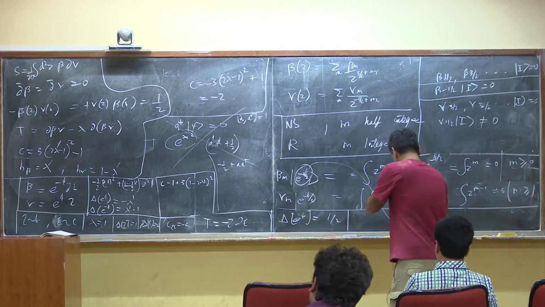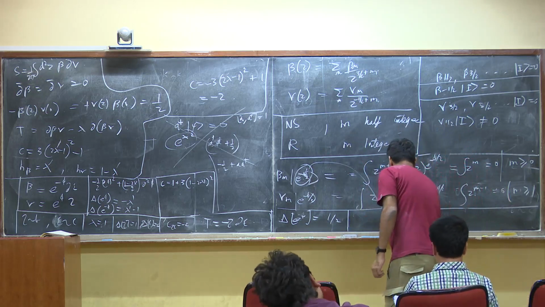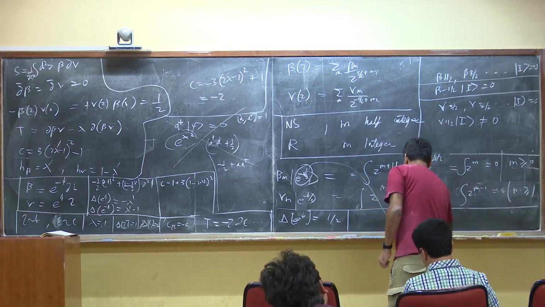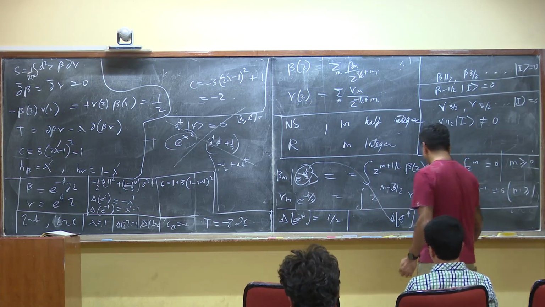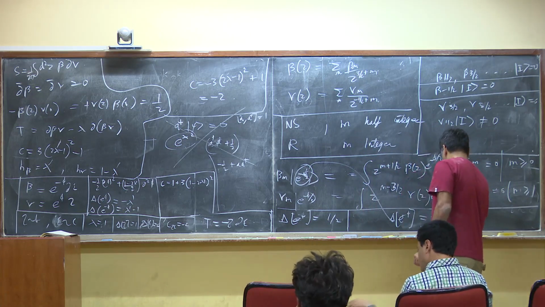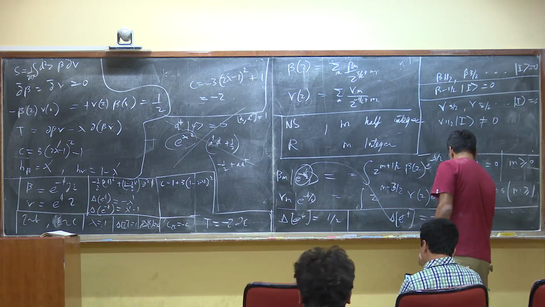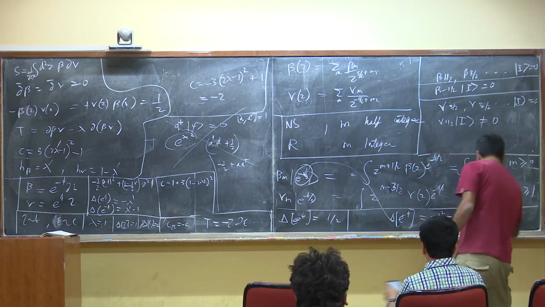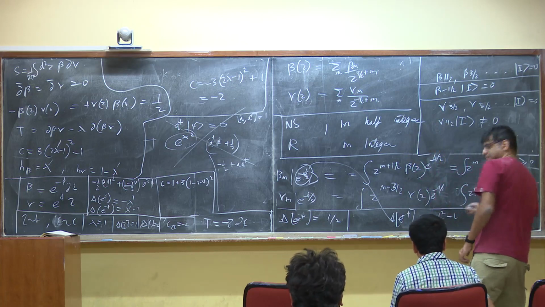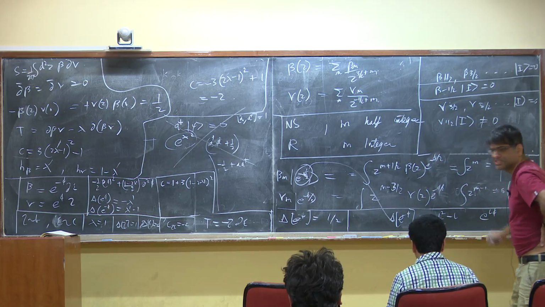Okay, and what is the dimension of e to the power minus phi? Well, the general formula is minus L squared by 2 minus L for e to the power L phi. Let's check that that works.